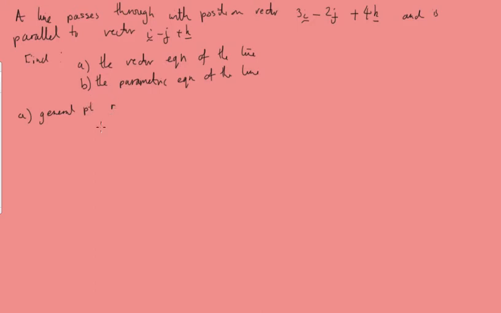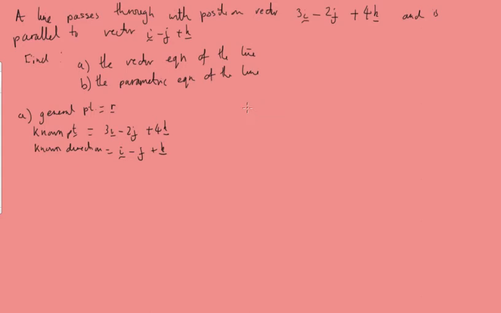So we're going to have t as our parameter, so our general point is going to be r. Our known point is 3i minus 2j plus 4k, and our known direction is i minus j plus k.